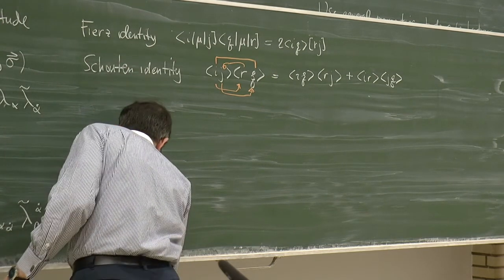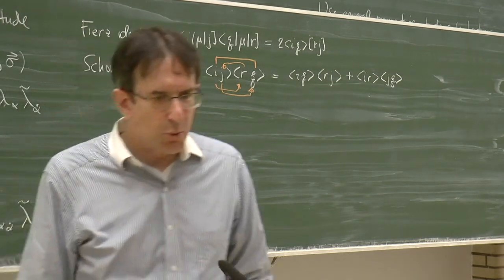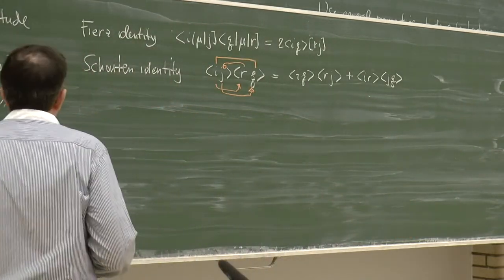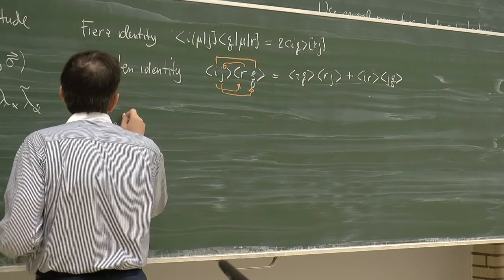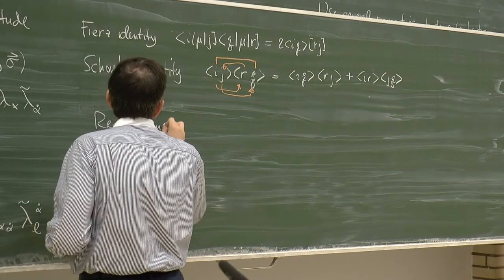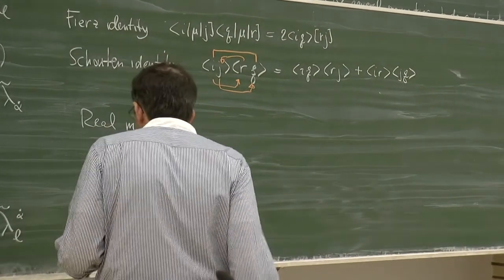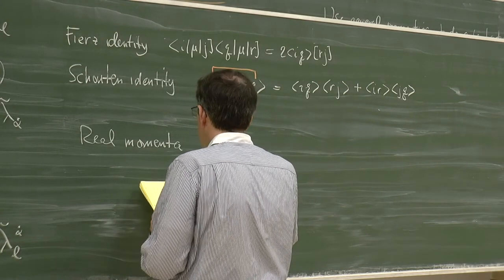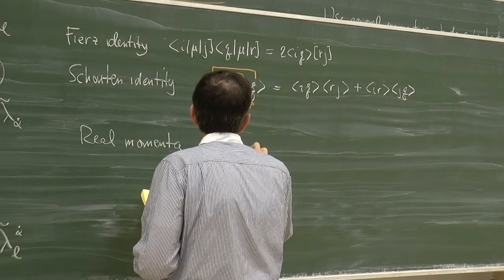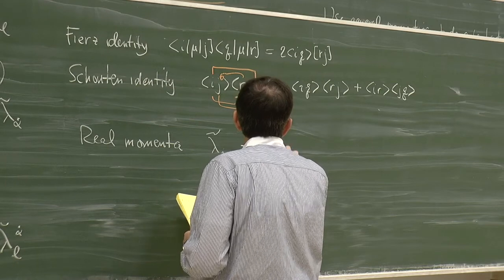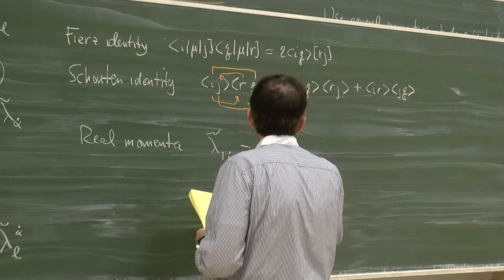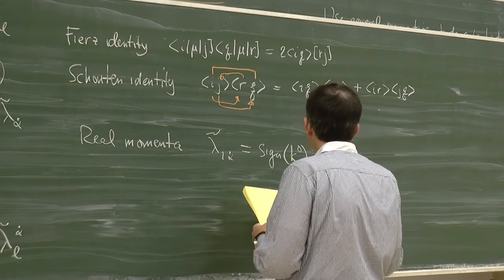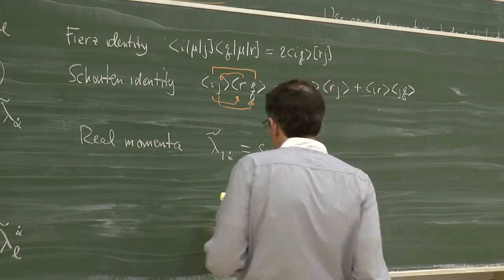So we've already seen the use both of real and complex momenta. If we have real momenta, then the two spinors are actually related, and they're related precisely in this way, where whether there's a plus or minus depends on the sign of the energy of the corresponding momentum that you started with.